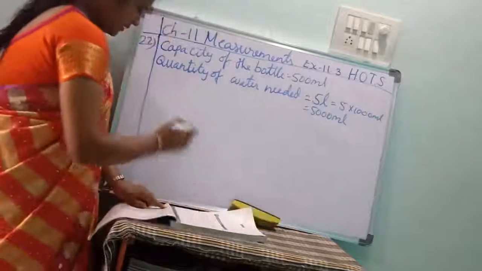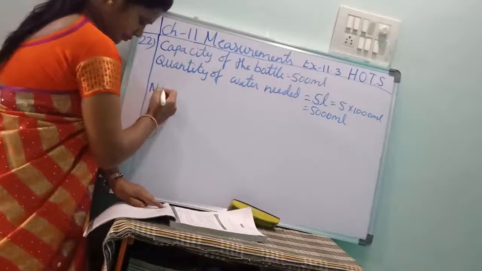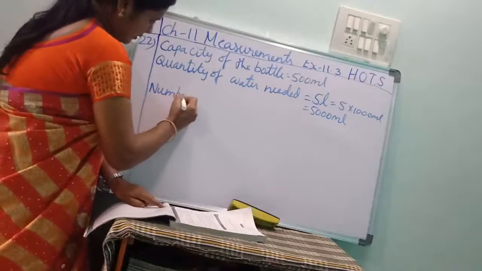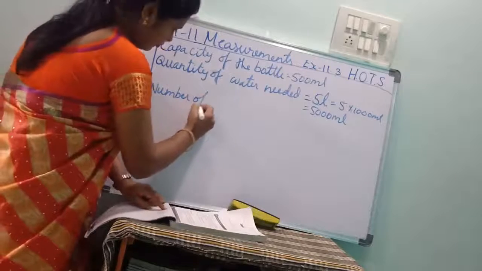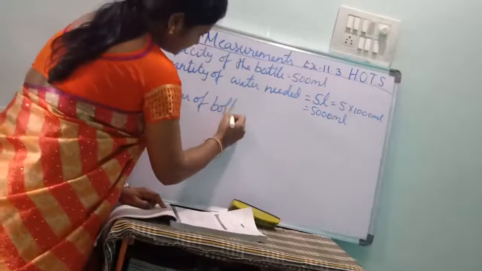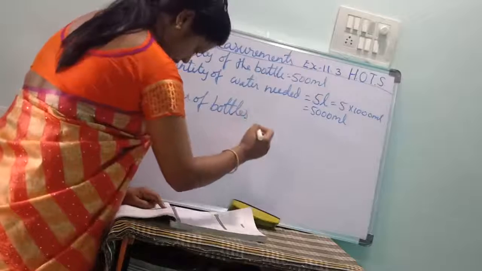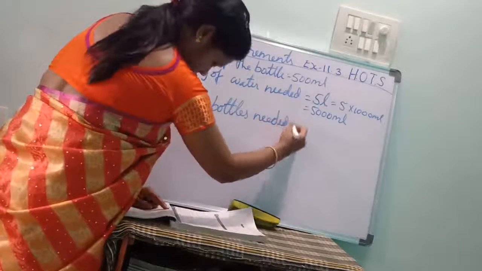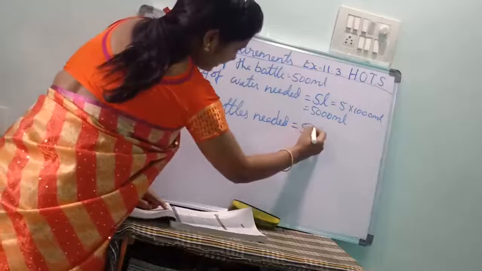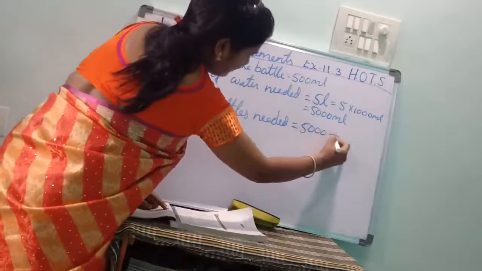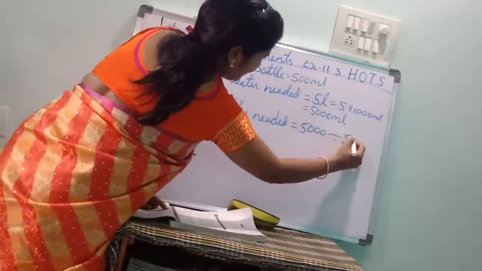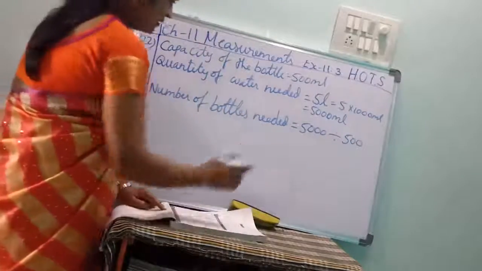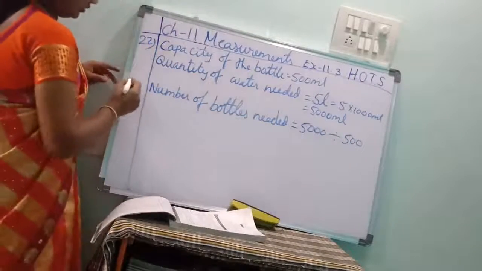Yes or no? Then number of bottles needed: 5000 divided by 500.